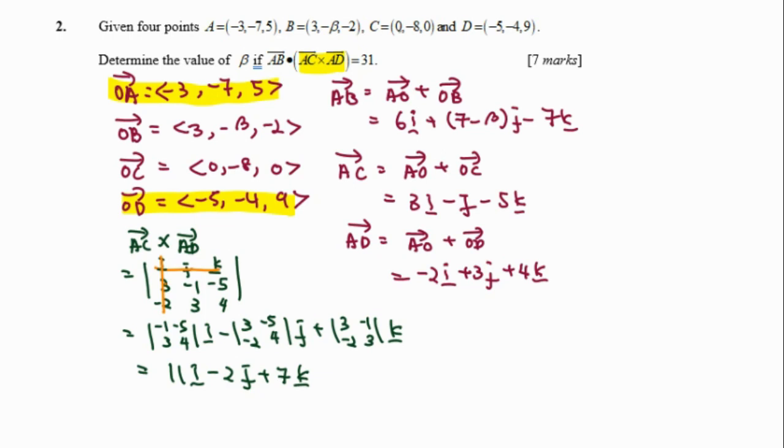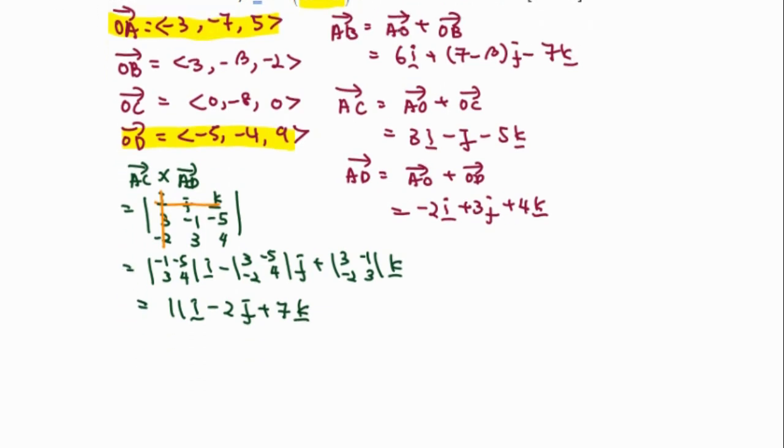Then we are going to dot with AB. So now we are going to do AB, which is 6, 7 minus beta, and negative 7, dot with the vector product here, 11, negative 2, 7, which equals 31. When we do the dot product, we multiply 6 with 11, 66. Then 7 minus beta with negative 2.